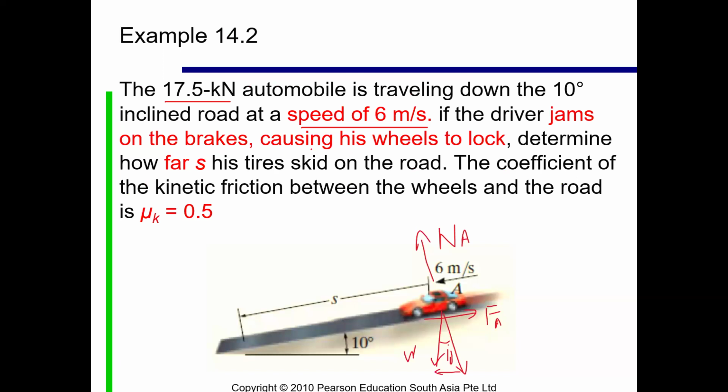If the driver jams on the brake, causing the wheels to lock, determine how far his tires skid on the road. What would be the distance S? When he pressed the brake, how much skidding will happen? The coefficient of kinetic friction between wheels and road is provided as 0.5.